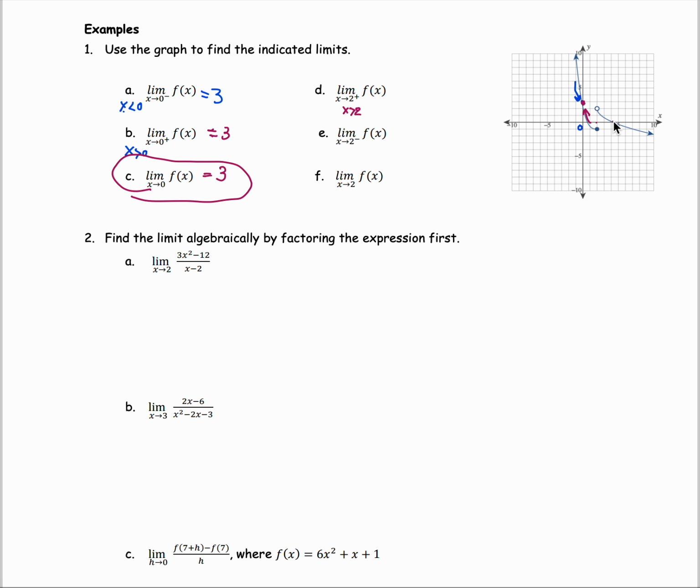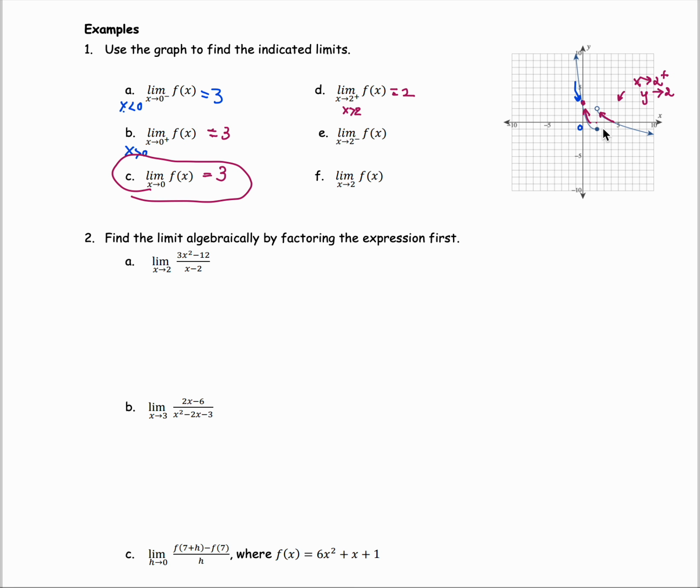We look at the right part of the graph, moving along the curve here, and the trend of the graph is approaching the value 2. So it equals 2. We can make a note here: as x approaches 2 from the right, y approaches the value 2. And now we're going to look at the left-hand limit. I use a different color.